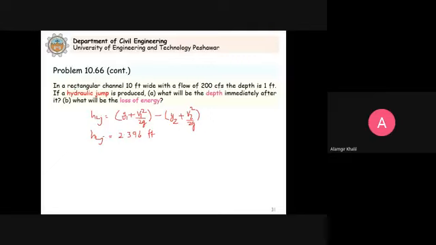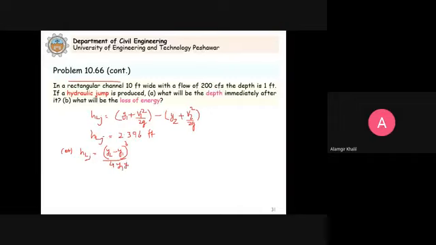Because it is a rectangular channel, you can see here it is a rectangular channel, you can also apply this equation directly. This HLJ will be equal to Y2 minus Y1, whole cube, divided by 4 times Y1 Y2.